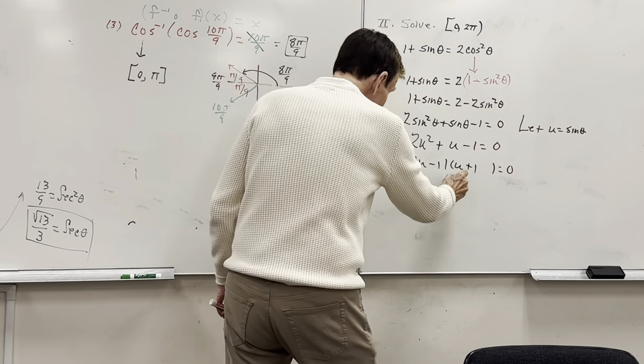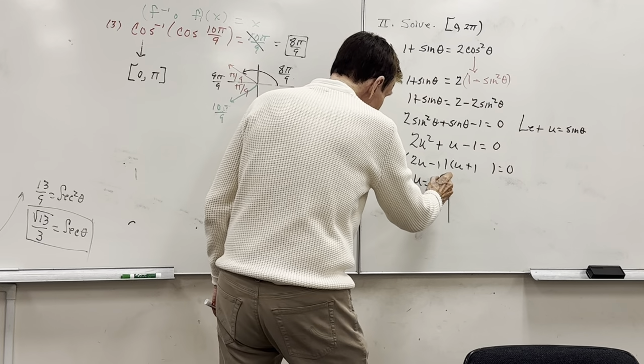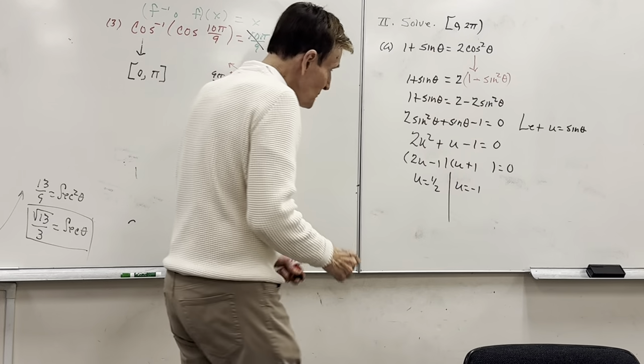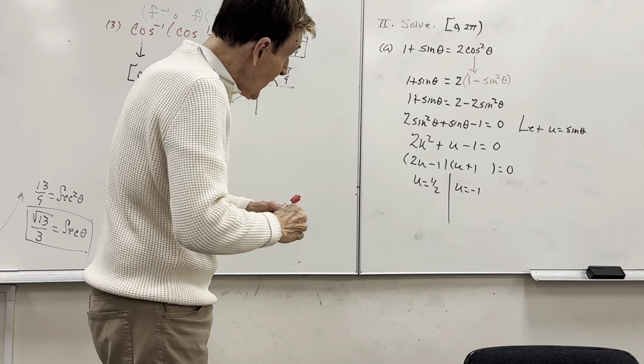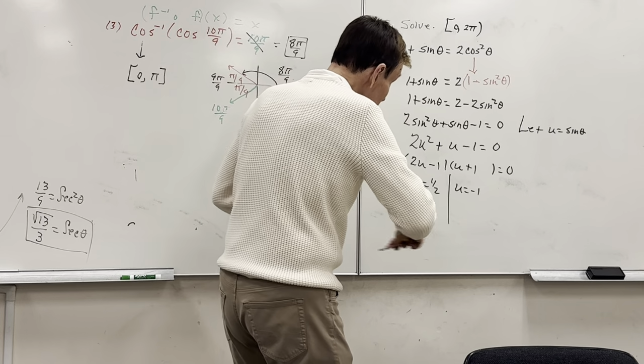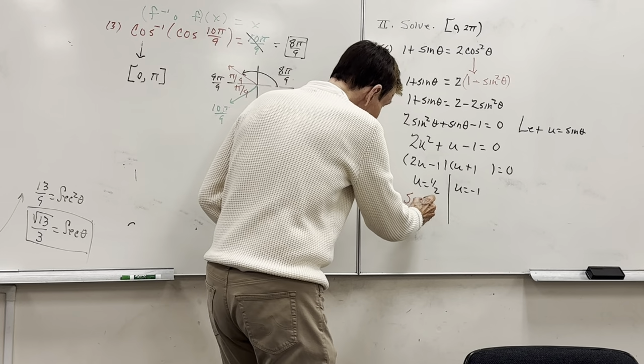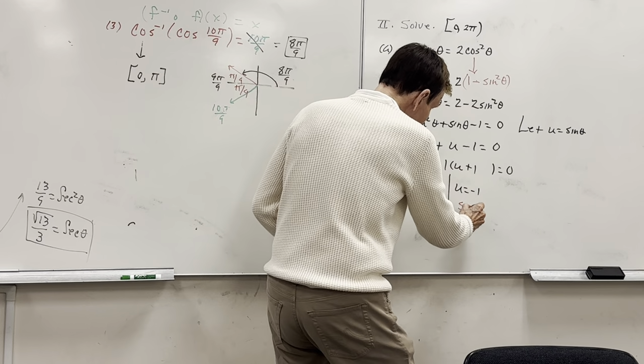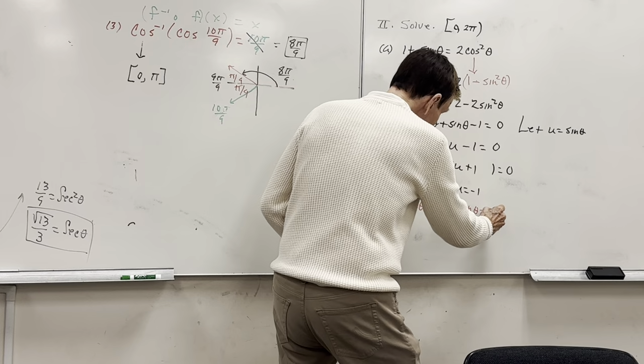Okay, guys, if I split this up and solve it, you know the routine, you will end up with this and that. And he told me to let u represent sine theta, so this is sine theta equals 1/2. Sine theta is equal to negative 1.